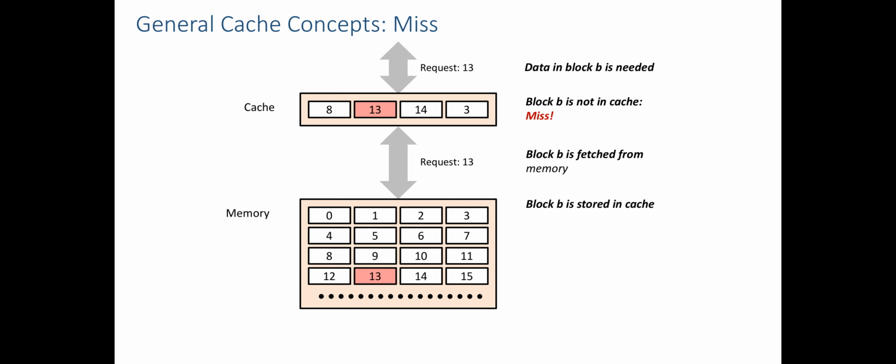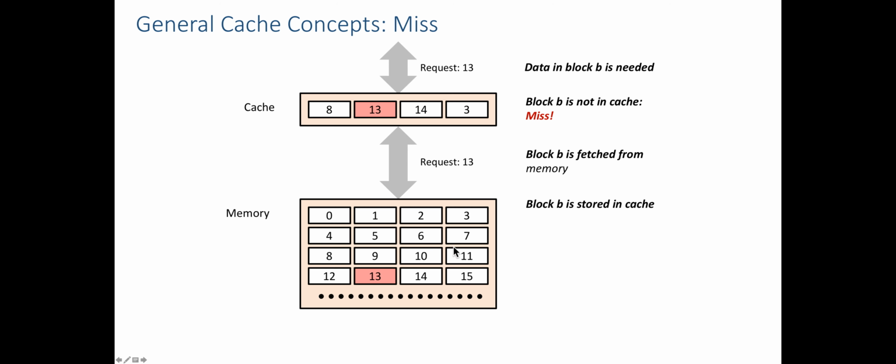Now, since it wasn't in cache, we have to figure out where it is going to go in cache. And I don't know if you've noticed a pattern here, but the way I've been doing these requests and showing them move up into cache, it's based on a mapping. So these blocks here can go in this place in cache. These blocks here can go in this place in cache. These blocks here in this place, and these blocks here in this place.